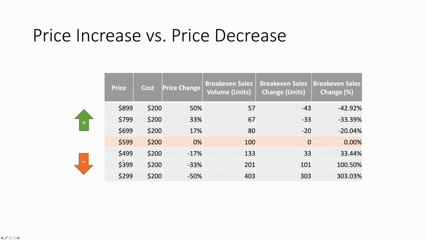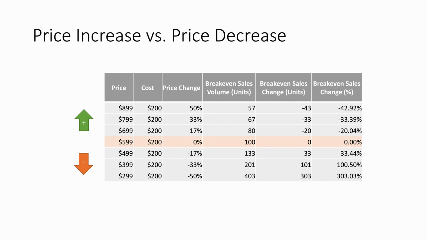And we have already calculated the price drop to $3.99, which corresponds to a 101% increase in terms of break-even sales. So what we have done in this table is basically repeating the incremental break-even analysis we have done for the $3.99 case, but for all the other price level changes.